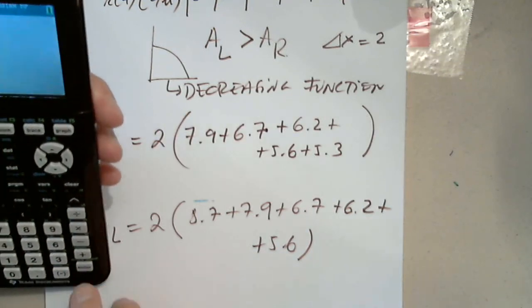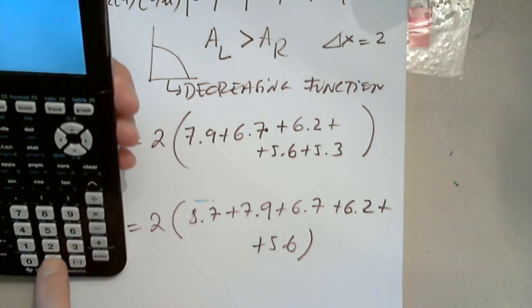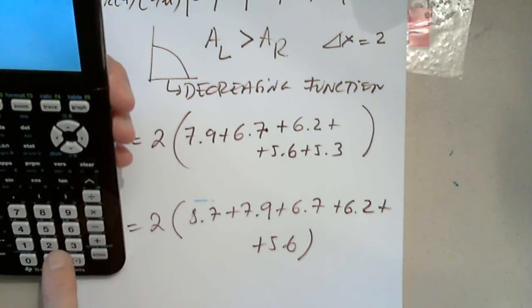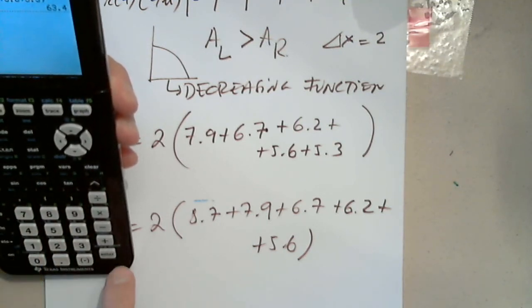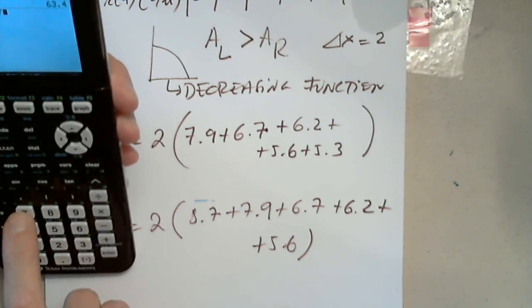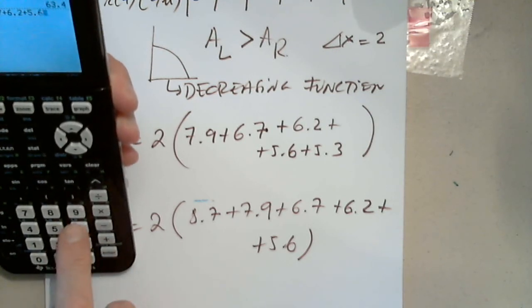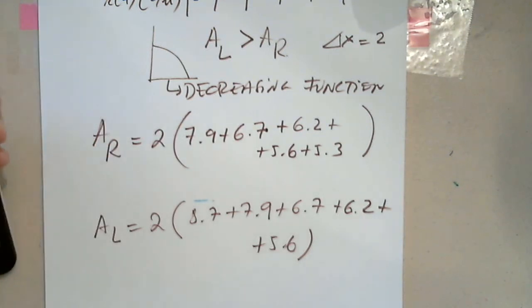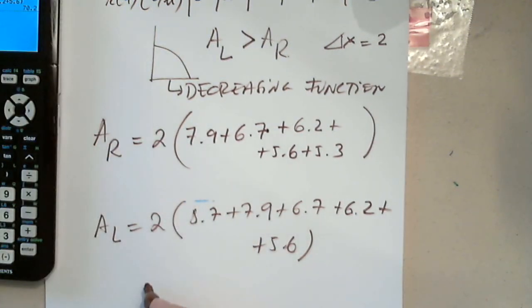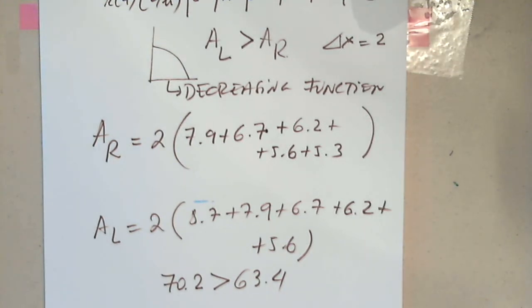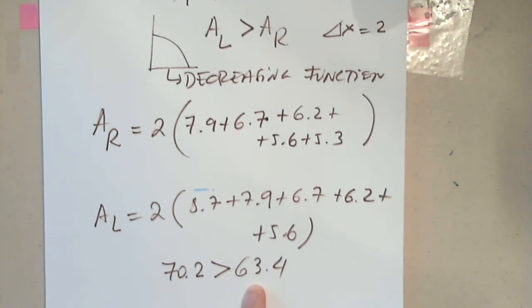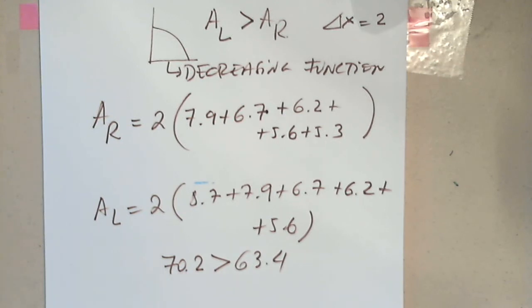So 2 times 7.9 plus 6.7 plus 6.2 plus 5.6 plus 5.3, and I get a number, and the other one is 2 in parentheses, 8.7 plus 7.9 plus 6.7 plus 6.2 and plus 5.6, and I get 70.2. As expected, the upper 70.2 is greater than 63.4. So I will enter the lower as 63.4, and I will enter the higher or the upper as 70.2.